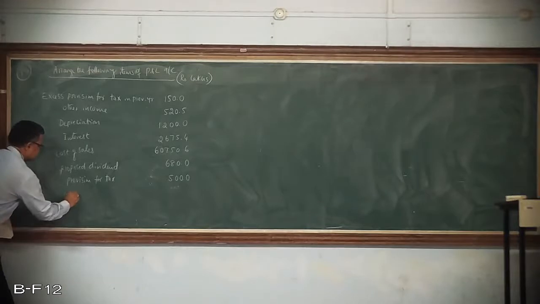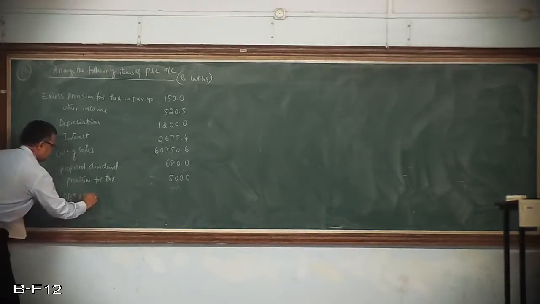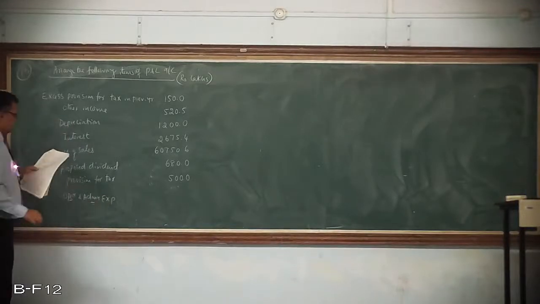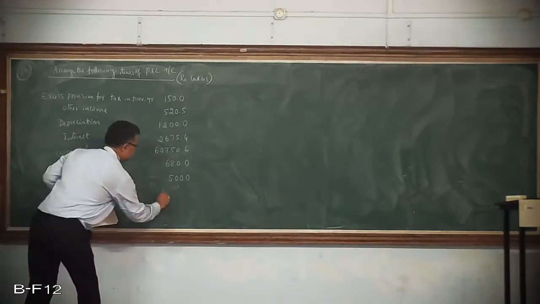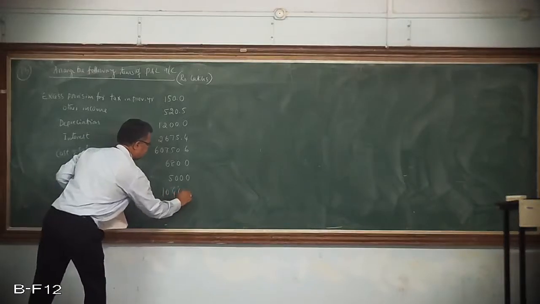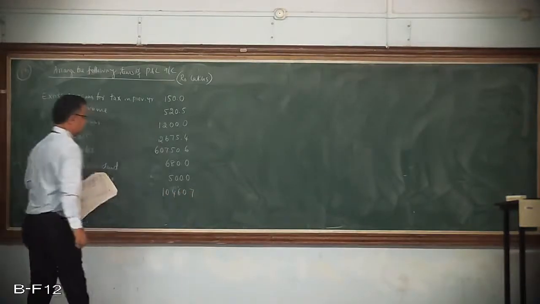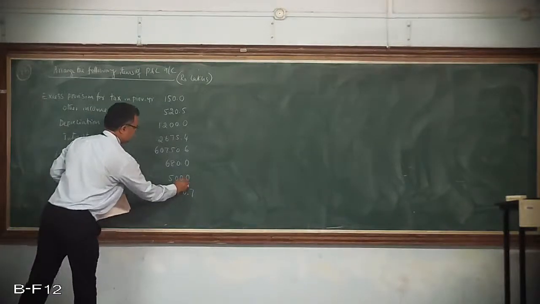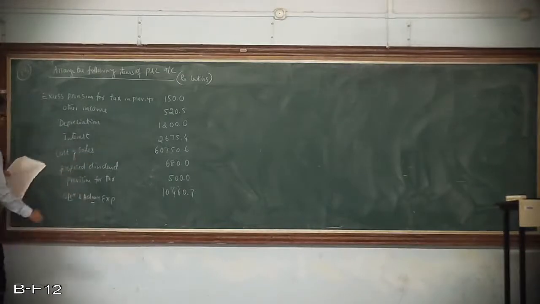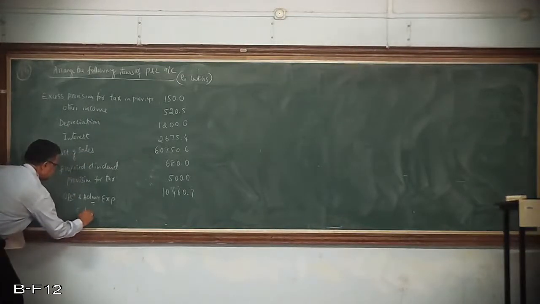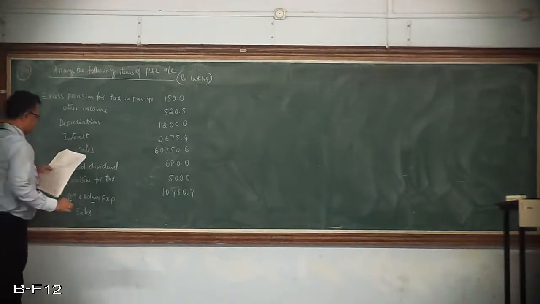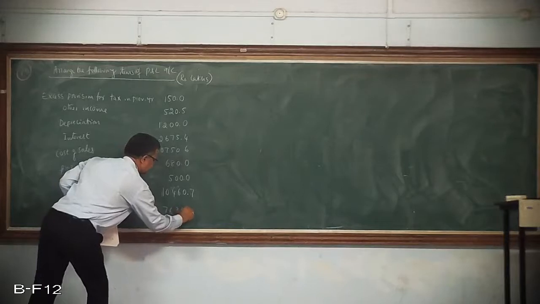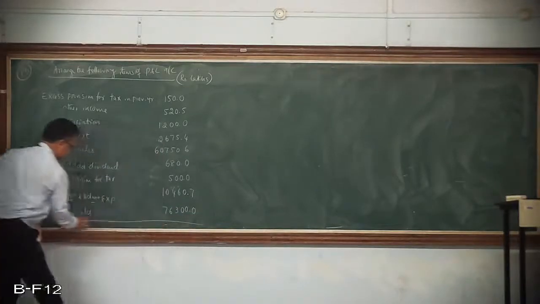Operation and admin expenses, 10,460.7 lakhs. And last is sales, that is income through sales, 76,300.0. So these are the items given.